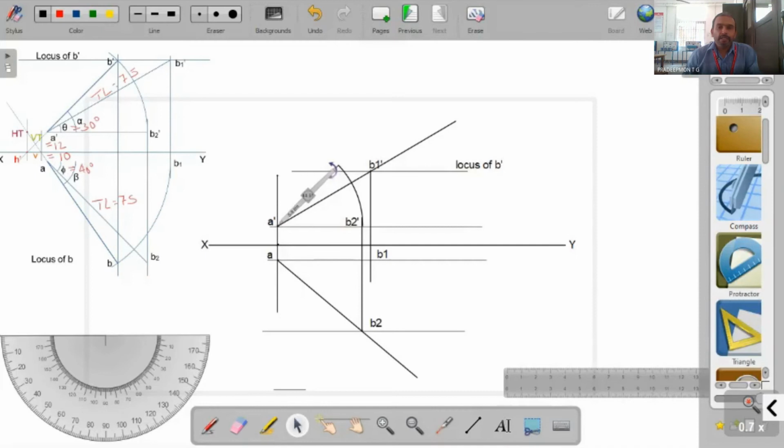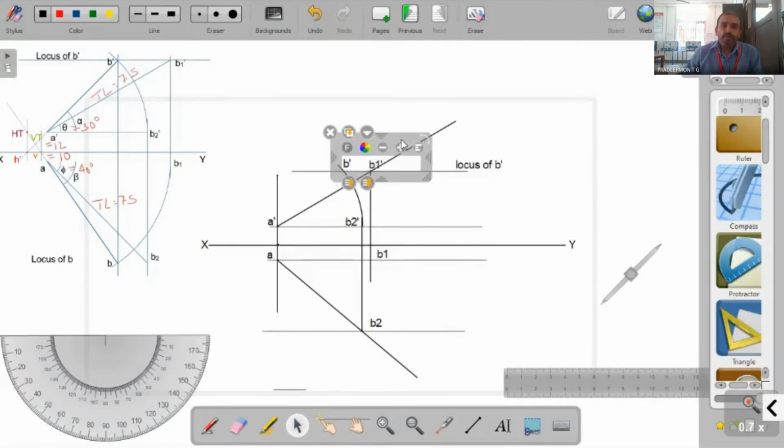So we are actually rotating. The front view length is rotated to intersect with the locus of B dash. And this point we obtained right now is the point B dash.